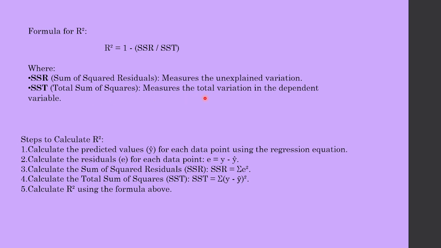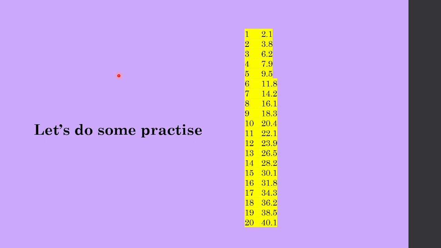SST measures the total variance in the dependent variable, the total sum of squares. So for each y value on the regression, residuals are calculated, SSR and SST are calculated, and from there we get the R square.